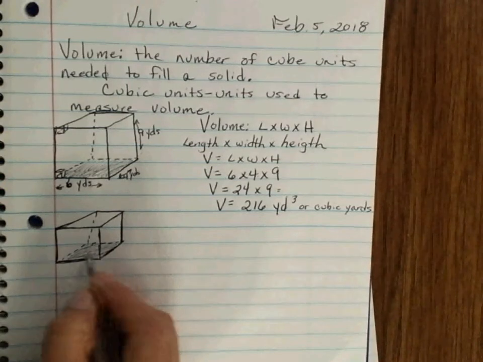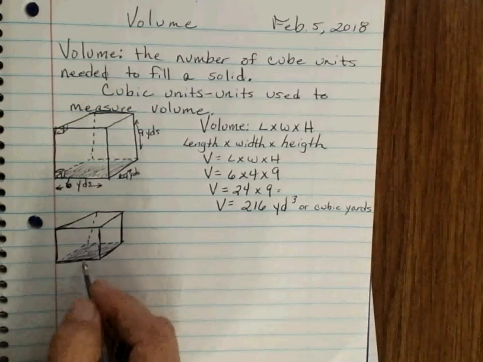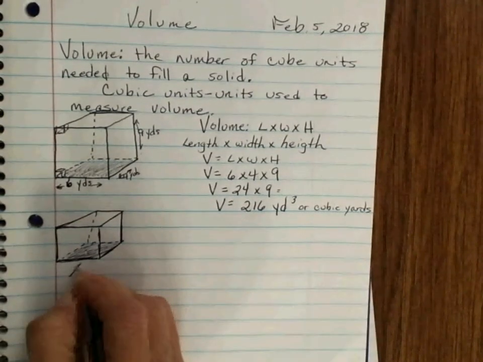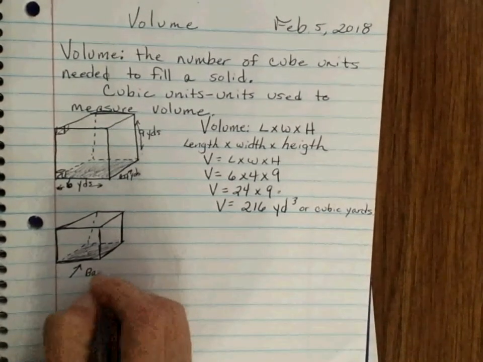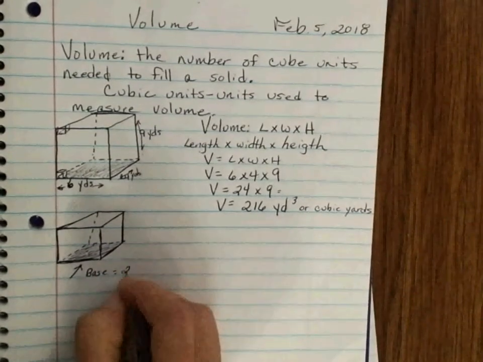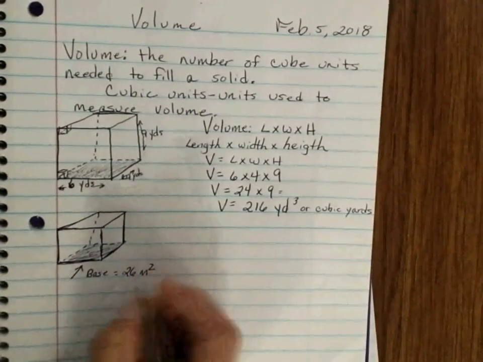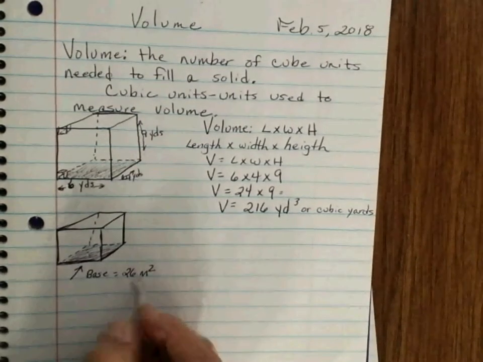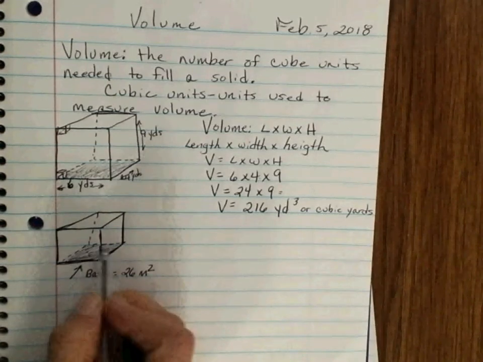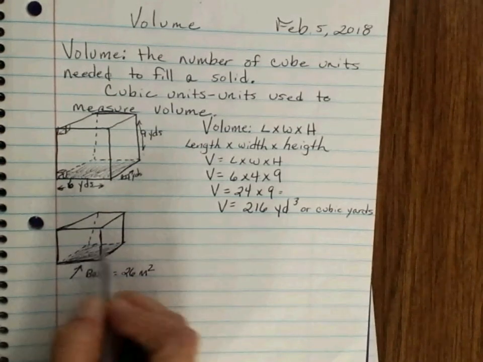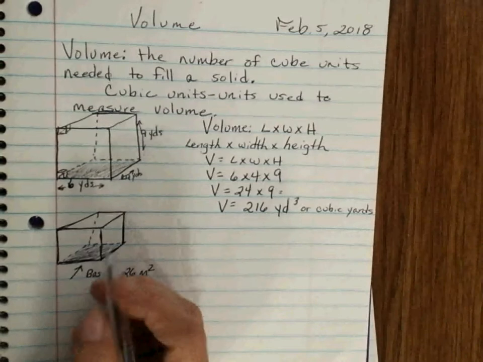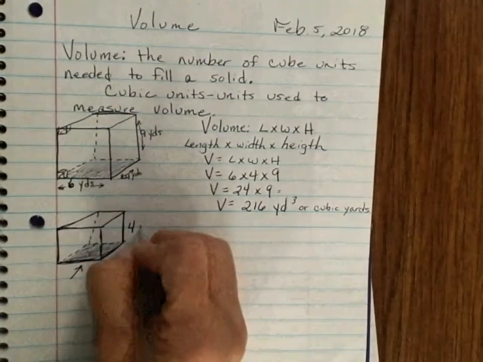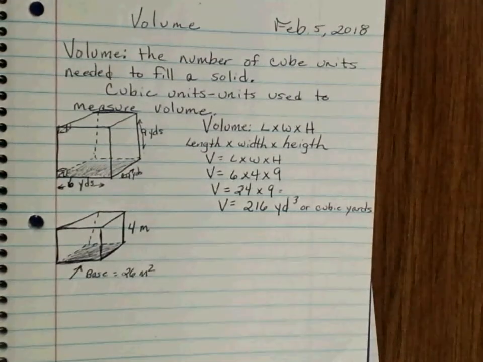My problem tells me what my base area is: 26 meters squared. So I already know what my length and my width equal. I could lay 26 square meters on this bottom. And they tell me that my figure is 4 meters high.